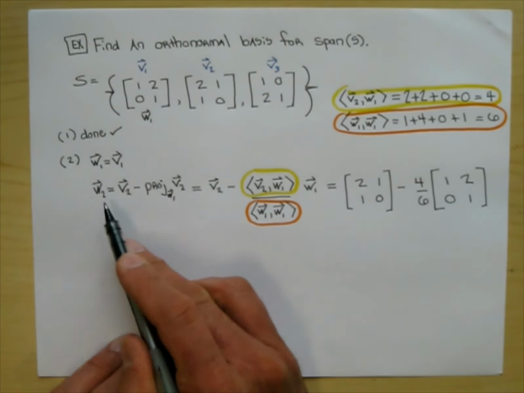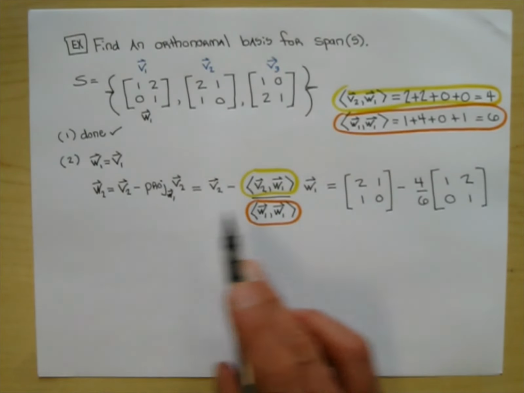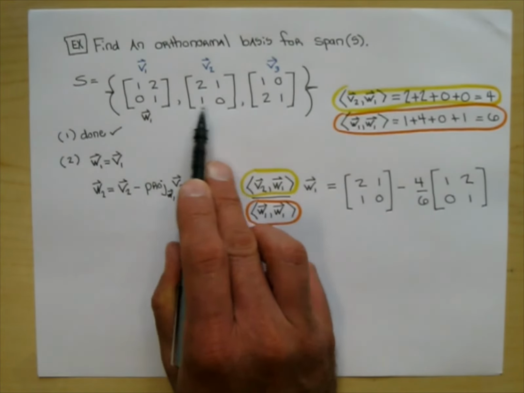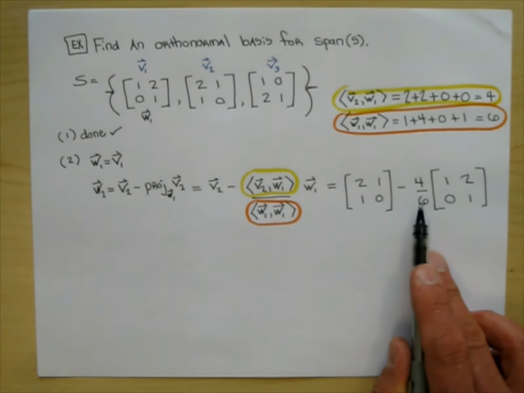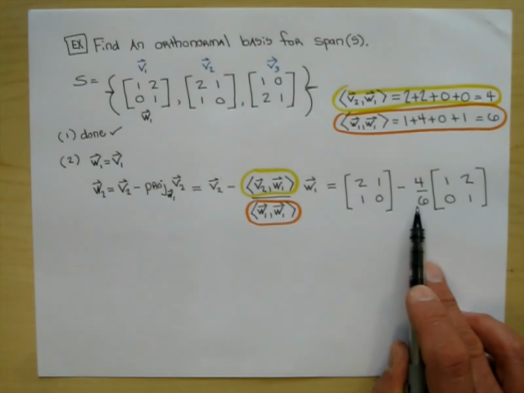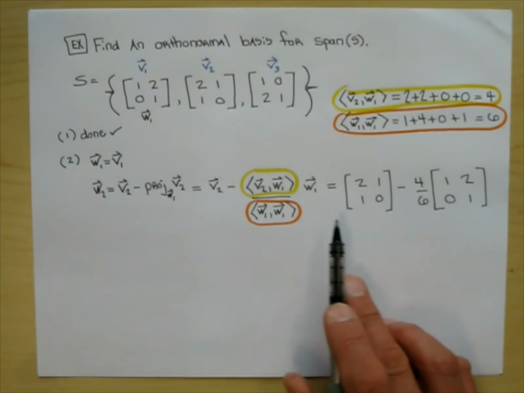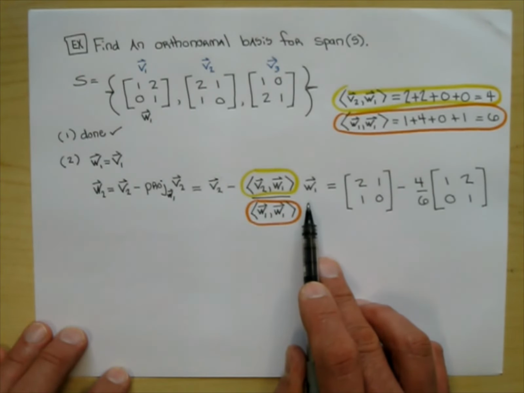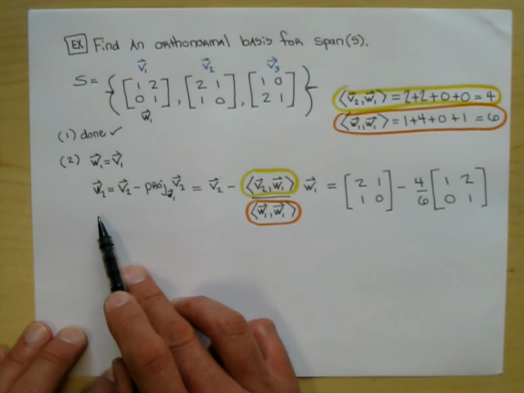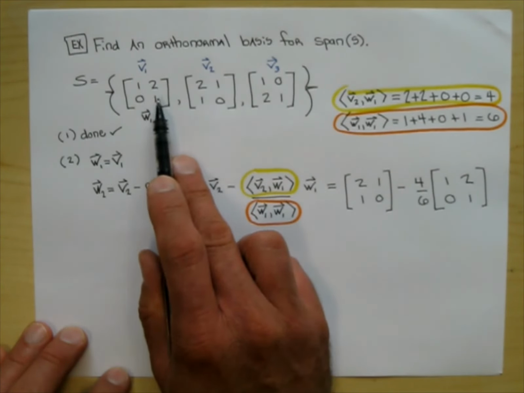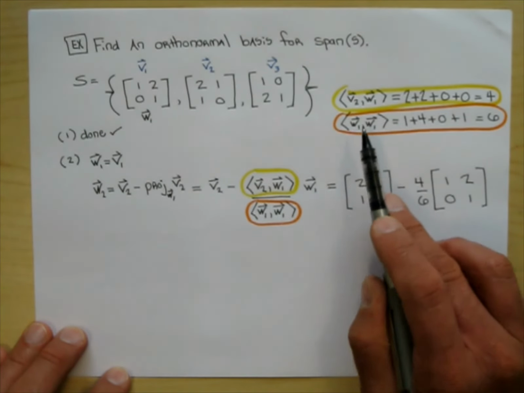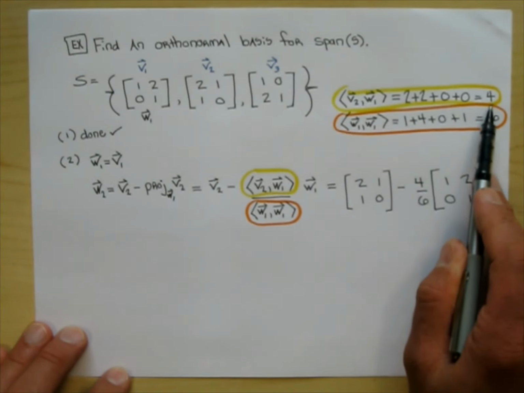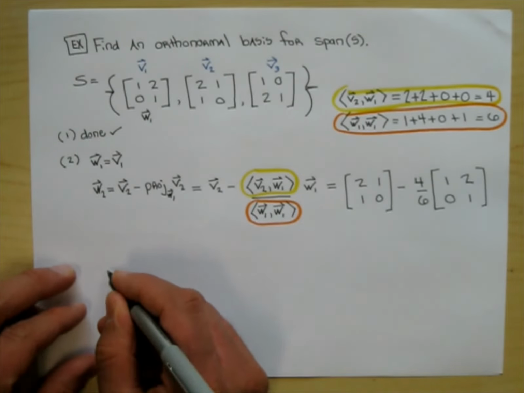So don't you see that this guy right here, W2, is just a linear combination of those guys? But we are doing the linear combination in such a way with the correct scalar that we will end up getting W1 and W2 being orthogonal. See, V1 and V2, when you did their inner product, which is really right here, you got 4. That wasn't 0.